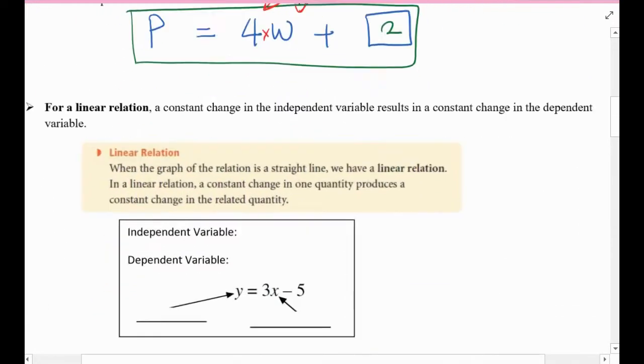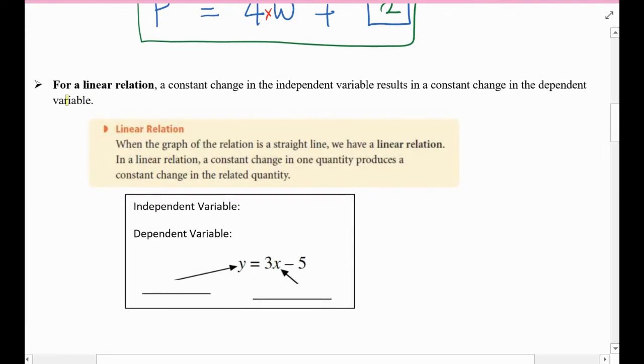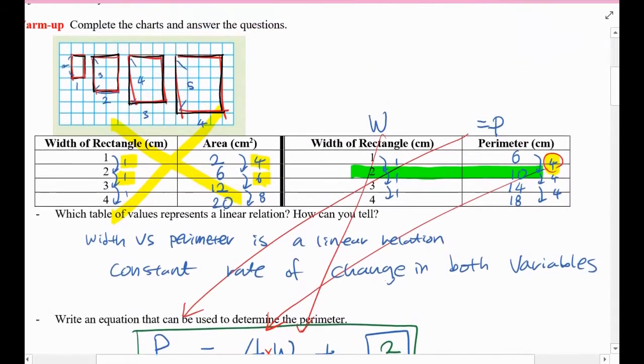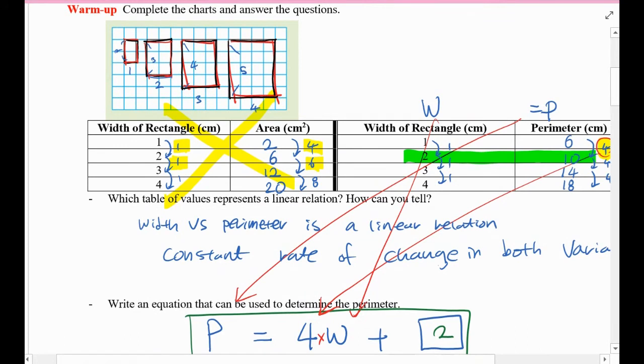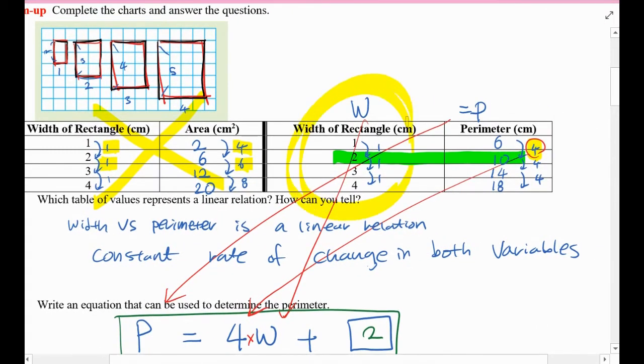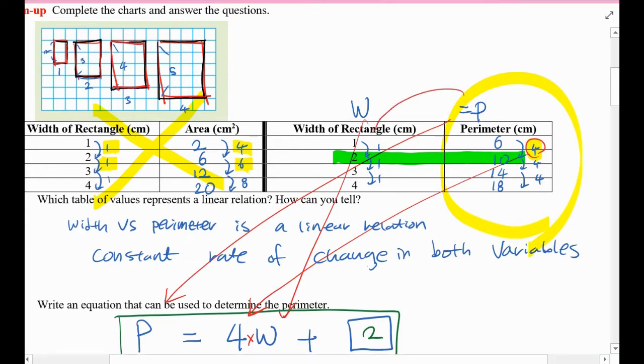Okay, let's move on. For a linear relation, a constant change in independent variable results in constant change in dependent variable. So everyone, what's independent variable and dependent variable? So independent variable is the variable that does not depend on any variable. So for example, here, if you look at the width, it does not depend on any variable, but perimeter changes depending on the width.